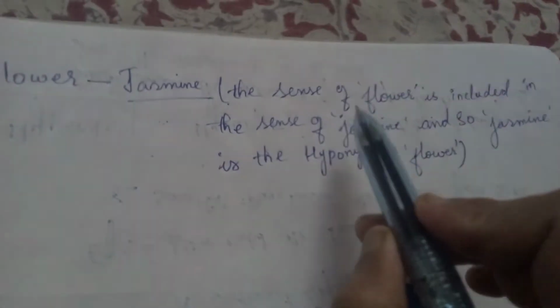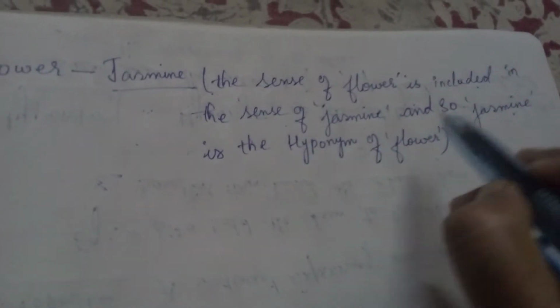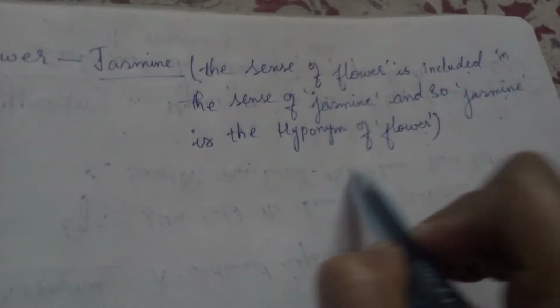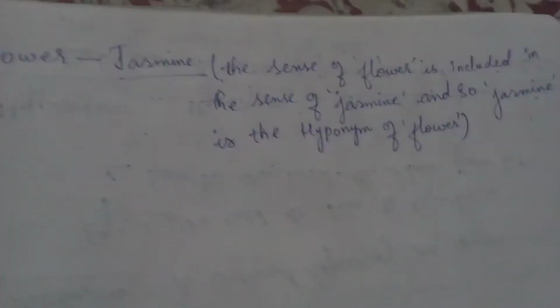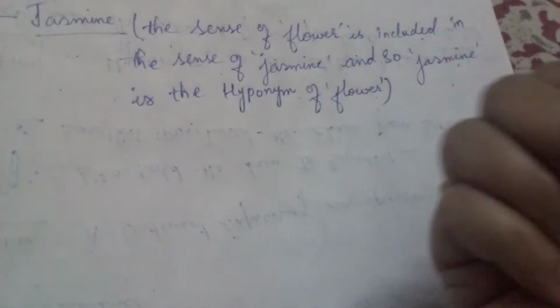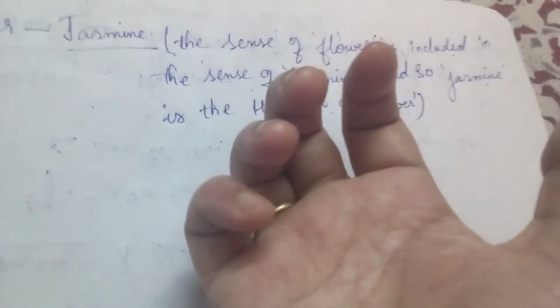So the sense of flower is included in the sense of jasmine, and so jasmine is the hyponym of flower. To remember the hyponym easily, I can give you another example, like fingers. Fingers are the hyponym of hand. Okay, which means these fingers are included in my hand. So the fingers are hyponym of hand.